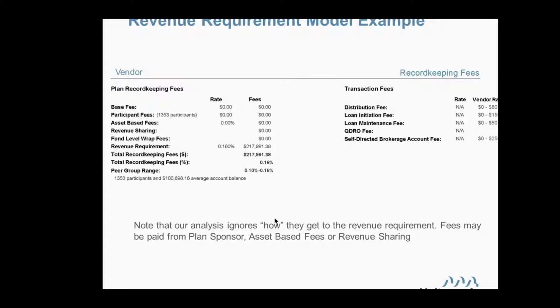The key is it's a requirement that the vendor get 16 basis points for their services. Straightforward, clean, and depending on your fund revenue sharing, may be very economical. However, if you have revenue sharing that is in excess of the 16, you'll want to make sure that you reclaim those excess revenues.